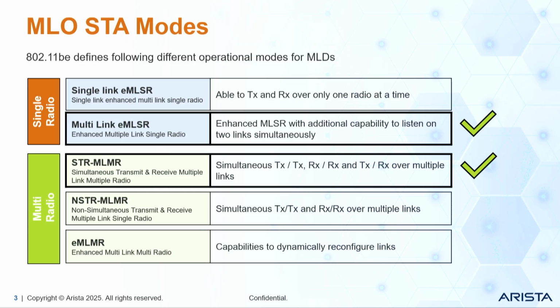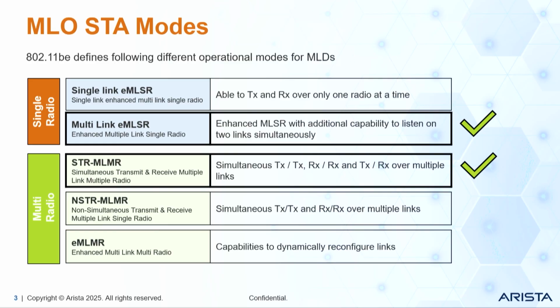So to begin with, we know there are multiple strategies available with respect to the MLO modes, a single radio solution, multiple radio solutions. We have a lot of station modes available. AP is basically an STR MLMR in nature because it can transmit and receive at the same time. But at the station side, we have various modes, right?